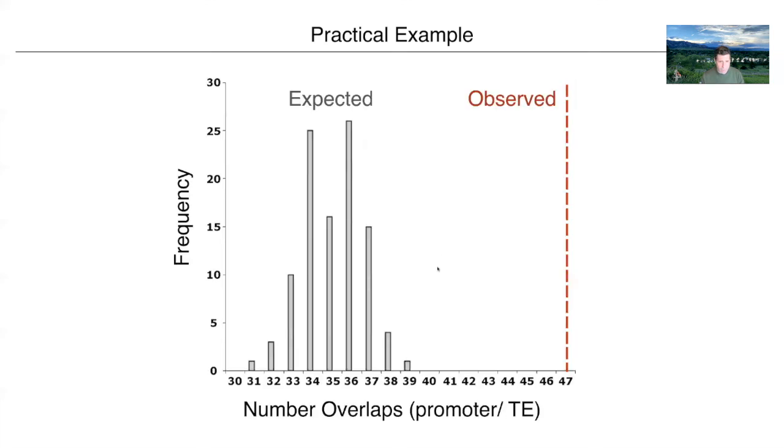An example of that is, let's say on the x-axis here we have the number of overlaps with a promoter or transposable element, for one DNA binding protein, and this is the frequency that we saw this. So let's say we did 1,000 permutations, and we saw that 10 times we see 33 overlaps, about 25 times we see 34 overlaps.